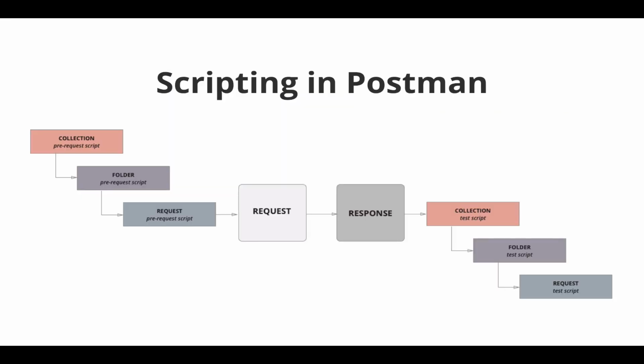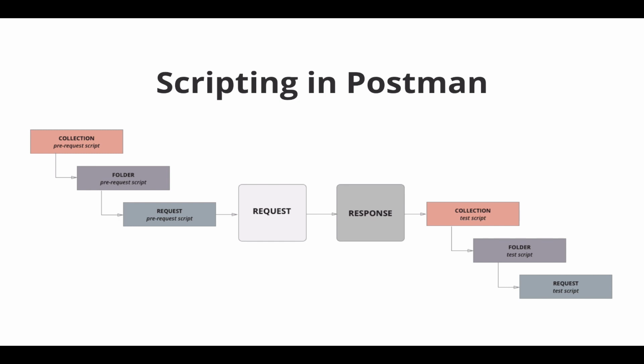So if you have scripts defined in all the levels, which is collection, folder, and at the request level, Postman would execute them in a very specific order. So if you send out a request, we would first execute the pre-request script that is defined at the collection level where this request is saved. And then, if the request is within a folder, we would run the pre-request script defined at that folder.